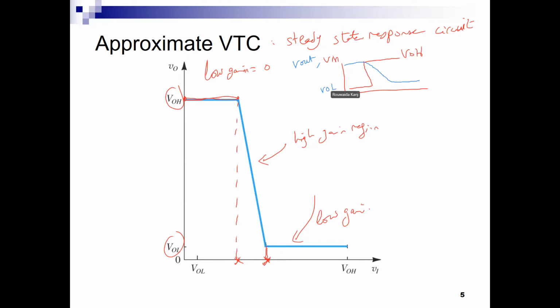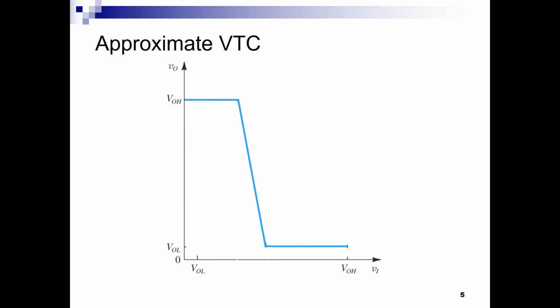So what I have here on this graph, this point where our output reaches the steady state, is the point that we represent as, for example, point B. Okay, so it corresponds to the steady state response of the output when the input was VOH. So, great, this is an approximate VTC.